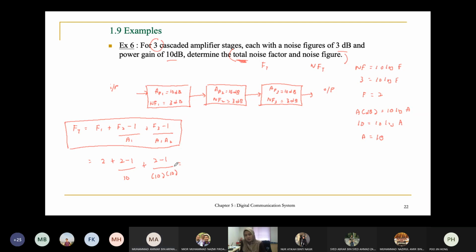Okay, yang dapat 2.15 tu saya tak sure sama ada awak salah kira ataupun memang salah tekan. Salah kira. Okay, so the answer is 2.11.